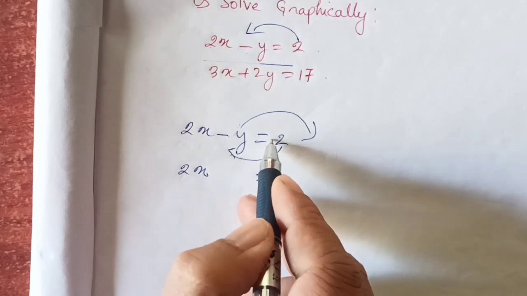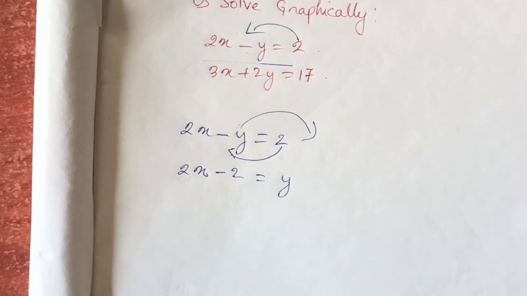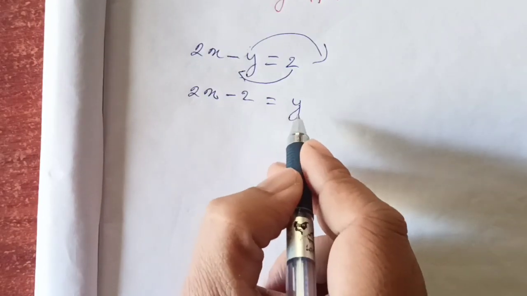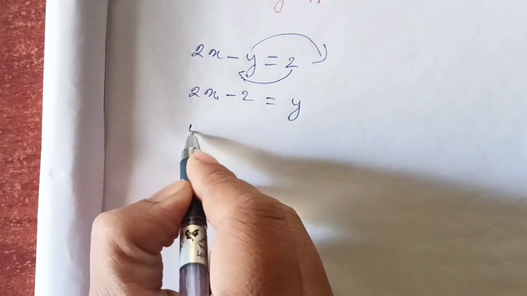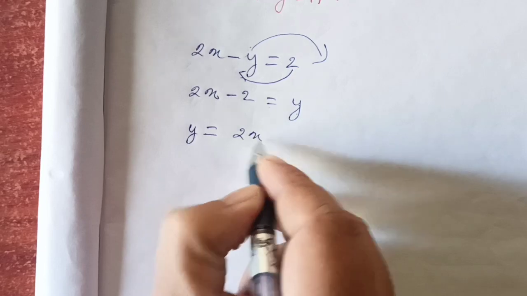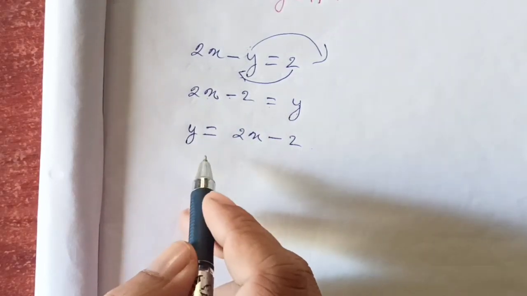This 2 we need to transfer to this side, so plus 2, when transferred, turns into minus 2. So we can find the tabulation value from here. We can rewrite it again properly: y equal to twice x minus 2. So from here we can find the tabulation.